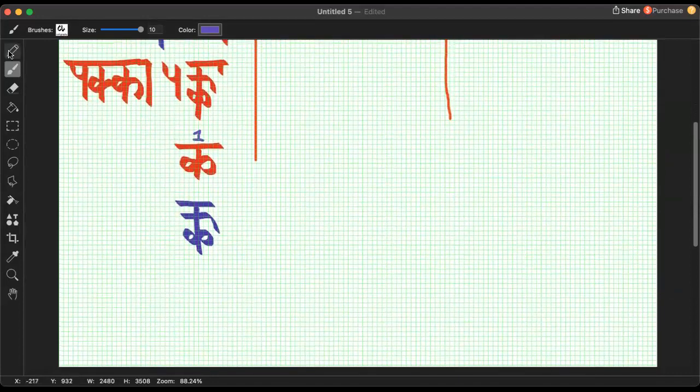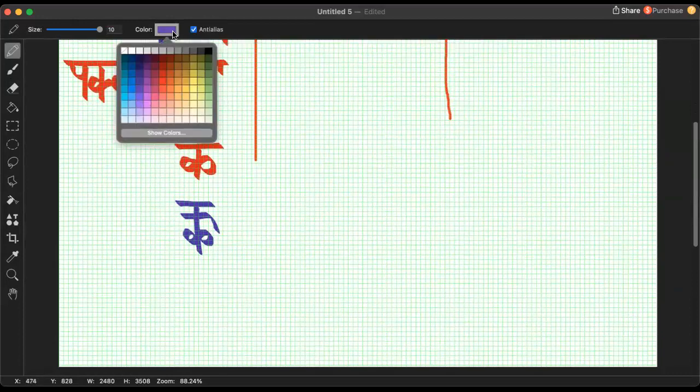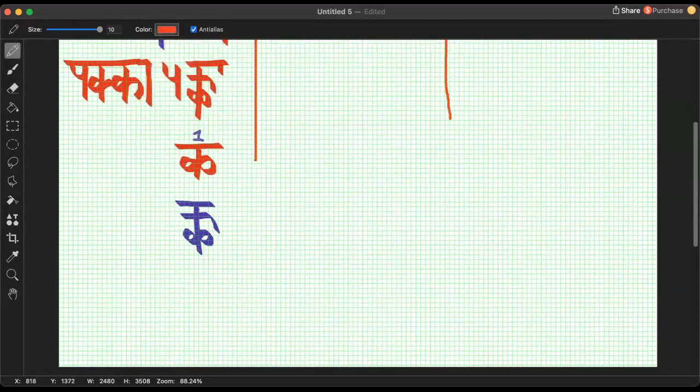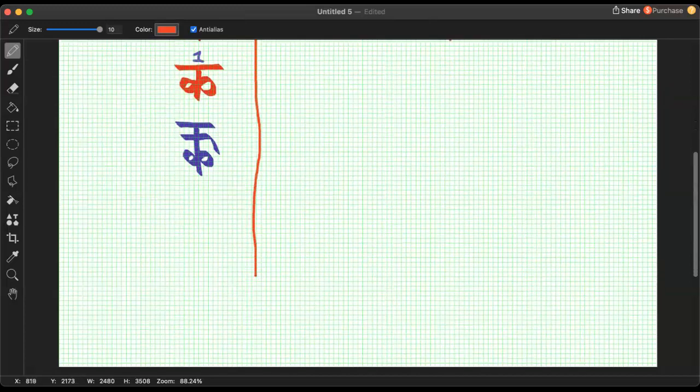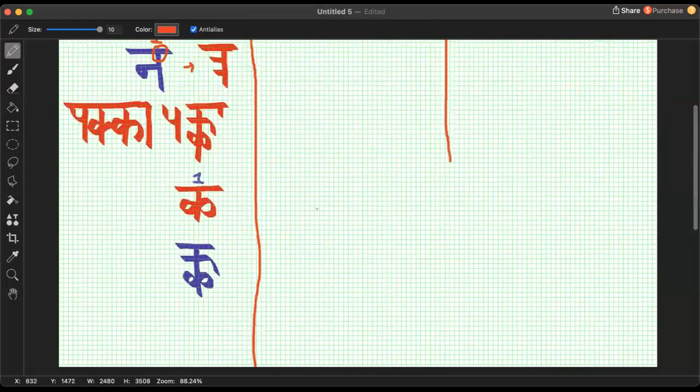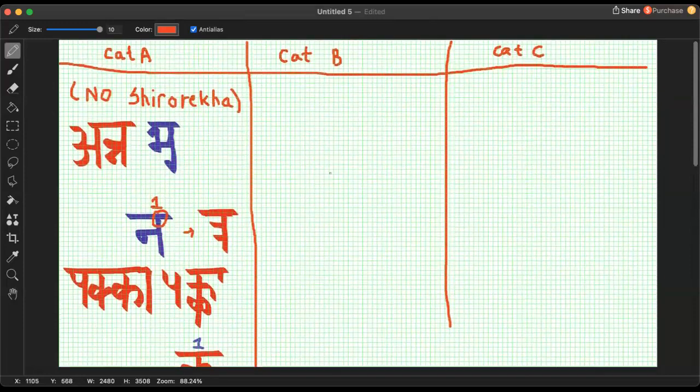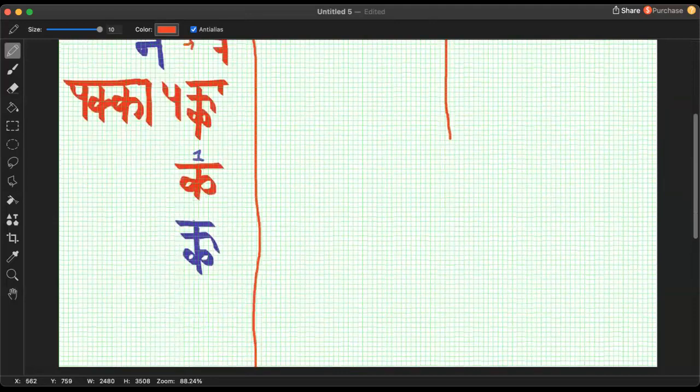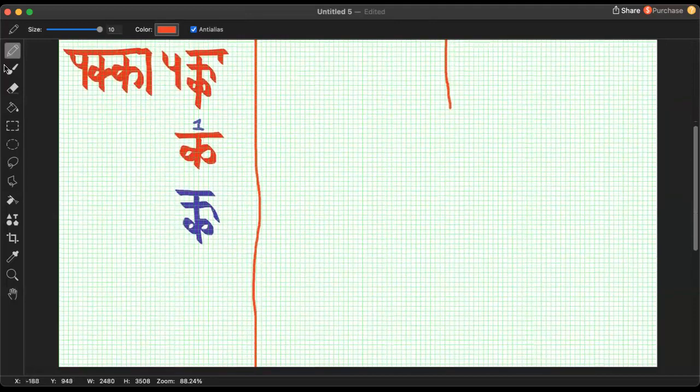We'll see some more words. I will save this page so that when we are doing category B and C, we can use this for reference.